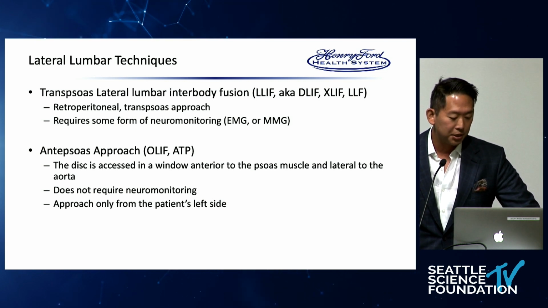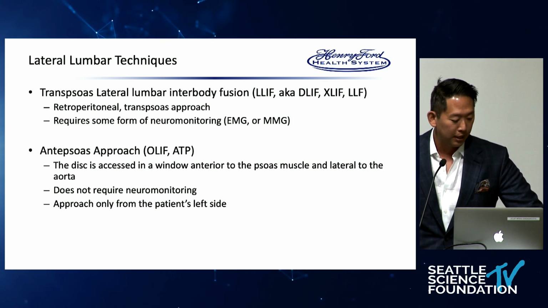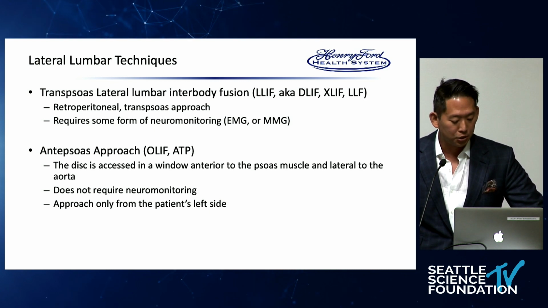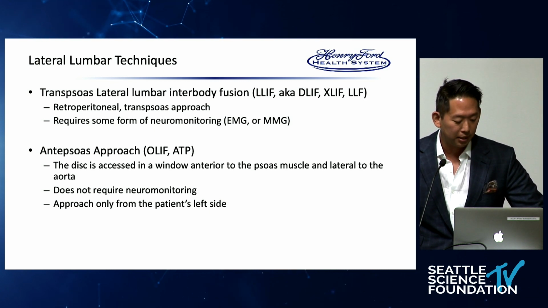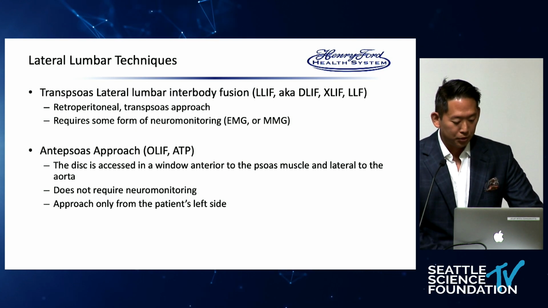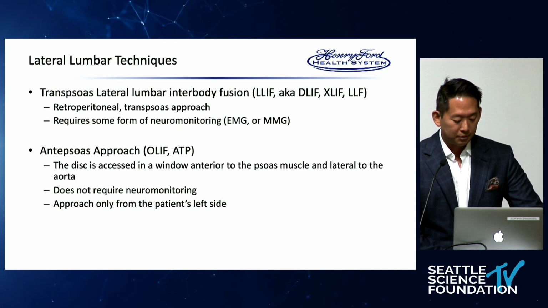Here the disc is accessed from a window anterior to the psoas muscle and lateral to the aorta. This does not require neuromonitoring because you're not directly distracting or manipulating the psoas as much. One caveat is you have to approach the disc from the patient's left side, so that can have some specific caveats.